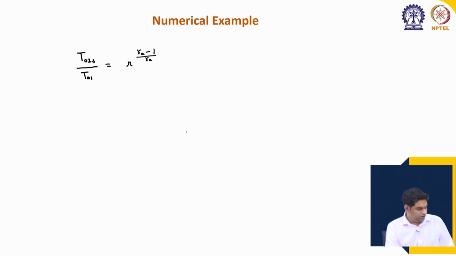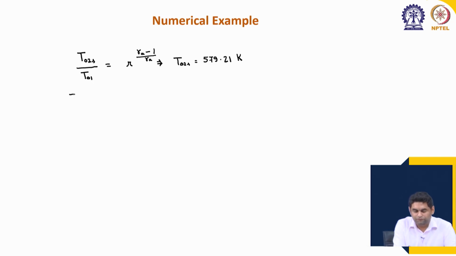Okay. So, T02s is equal to 579. I have already done the calculation, so I am noting down from there, but you should be parallelly doing the calculations along with me and verifying the results. T02s is 579.21 Kelvin.